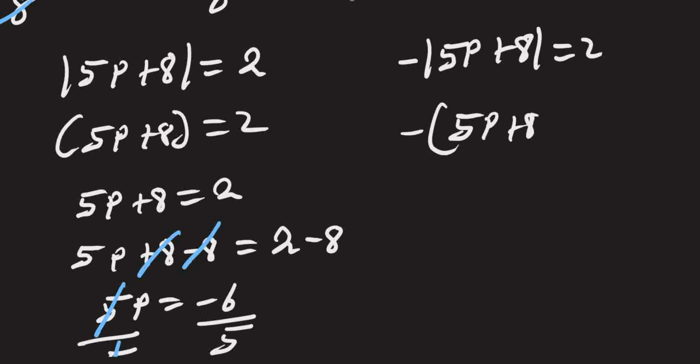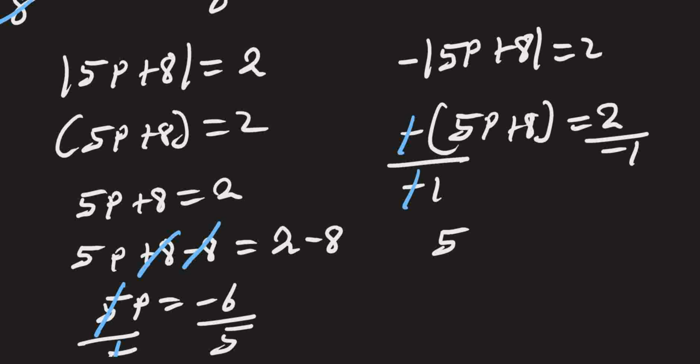Negative of 5p plus 8 is equal to 2. Divide both sides by negative 1, and negative 1 is going to cancel negative 1 from here. So 5p plus 8 is equal to 2 divided by negative 1, and that is negative 2.